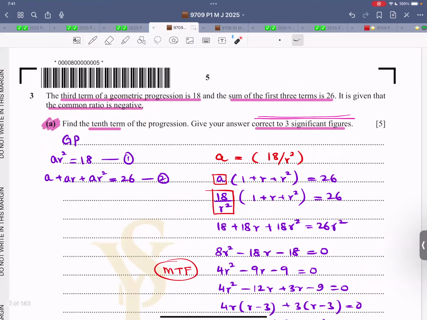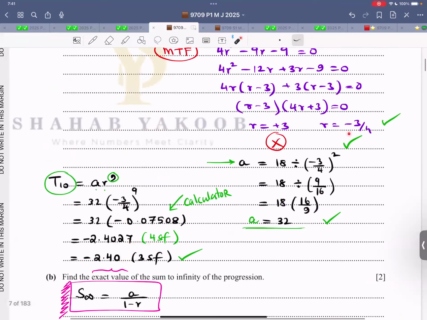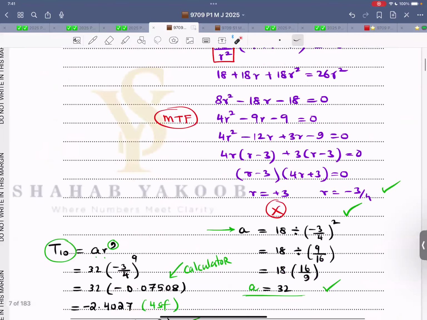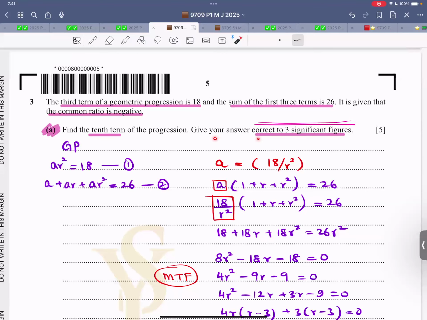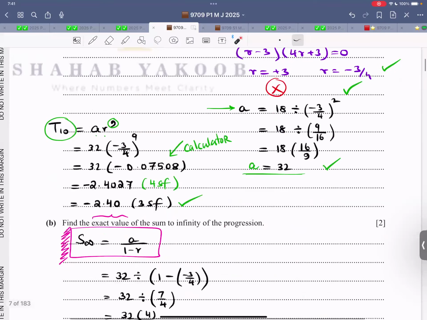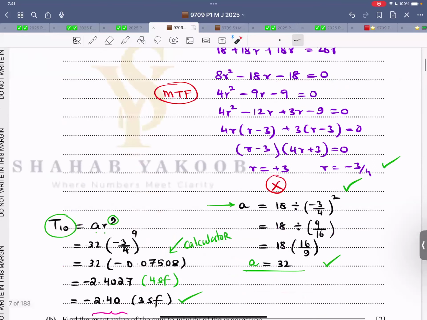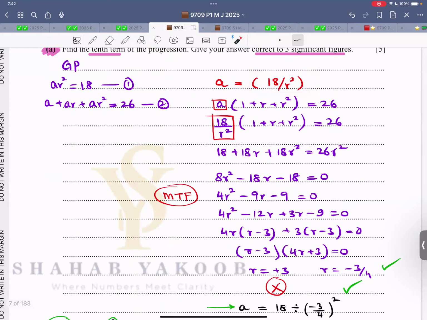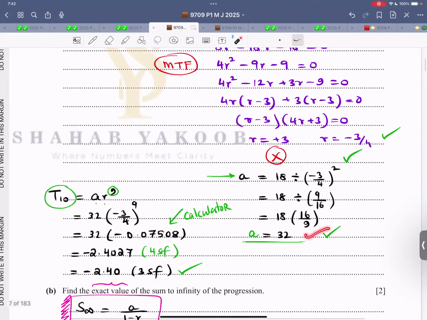Because the common ratio is negative. R is negative 3/4. What are they asking? They're asking, give your answer correct to 3 SF. They're asking for the 10th term for 5 marks. So first of all, a is 18 over r square. Find a. And then move on this side. T10 is a r power 9.